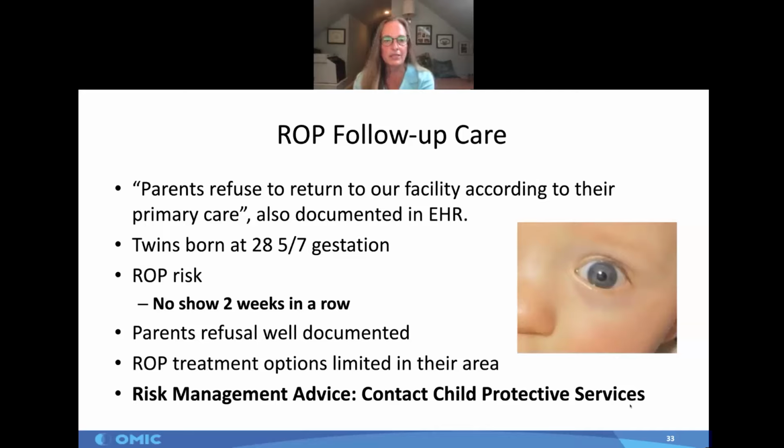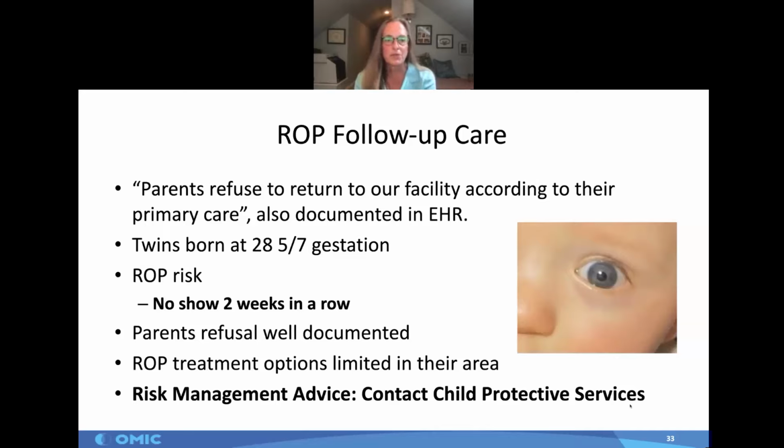But in this case, the insured called saying that parents were refusing to return to their facility according to their primary care, and they needed follow-up for ROP, and this was documented that they were failing to return. It was documented in their health record.